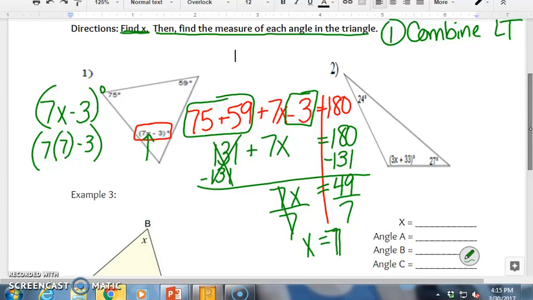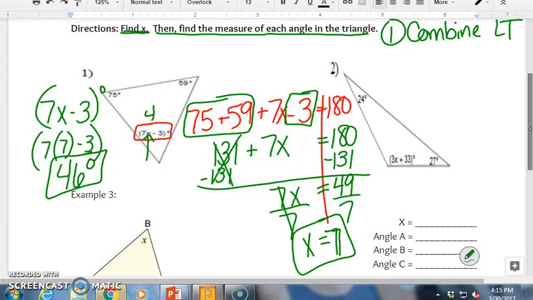So 7 times 7 is 49, minus 3 is 46 degrees. So we really have two answers. We had to get x equals 7 in order to find out that this is a 46 degree angle.